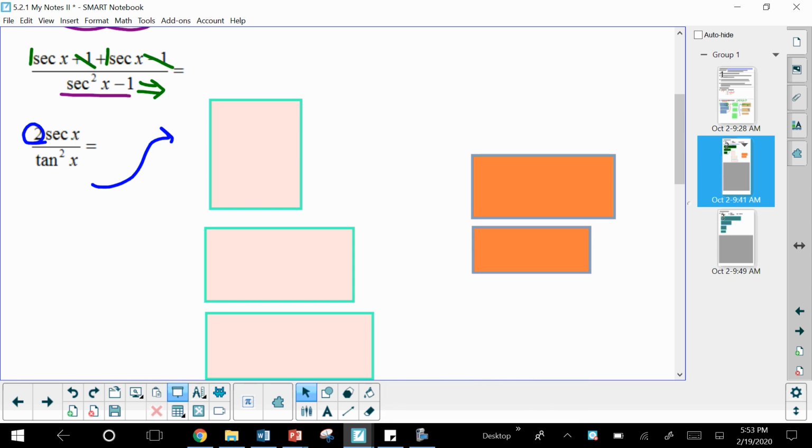So on this one then, I decided to change everything to sines and cosines. And again, there's other ways you could do this one, so if you want to try it a different way, please do. But I decided to change 2 secant x. So I want to show you what this looks like. 2 times secant x.